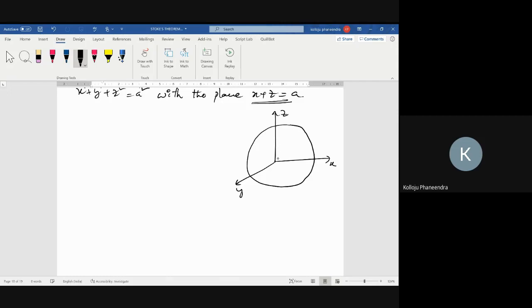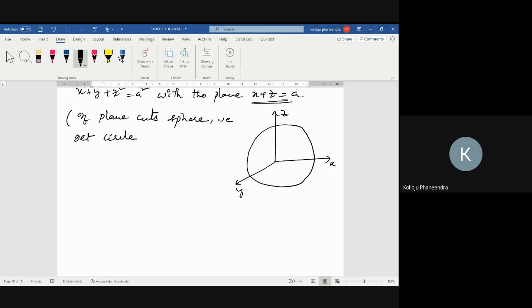So if a plane cuts a sphere, what will you get? Circle. We get a circle, right?